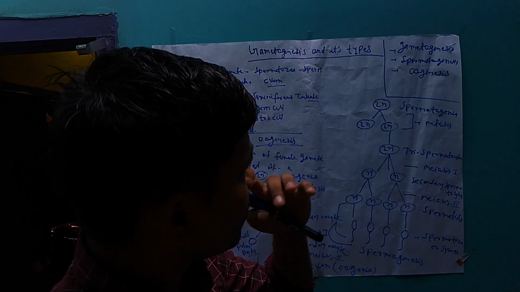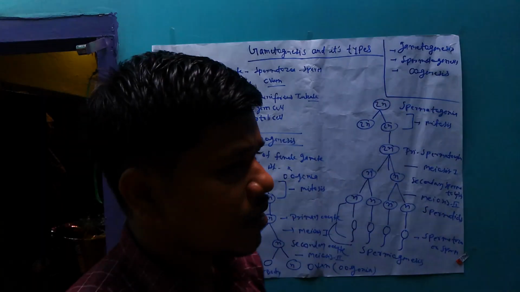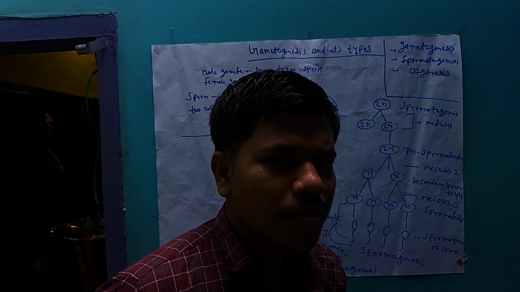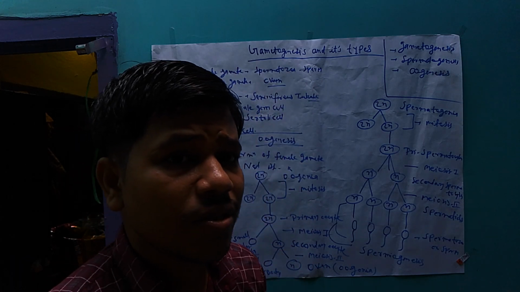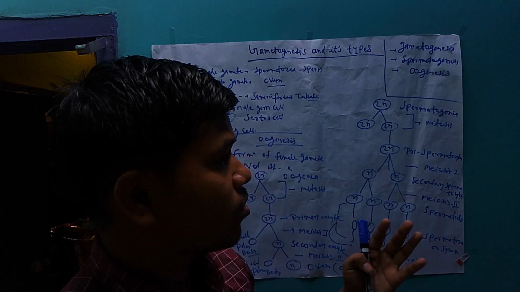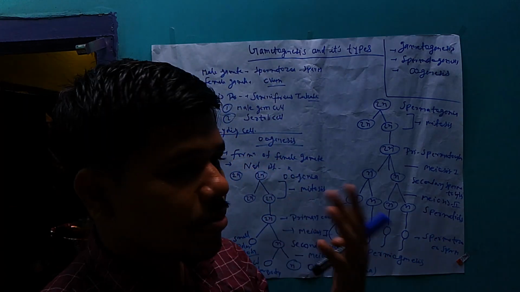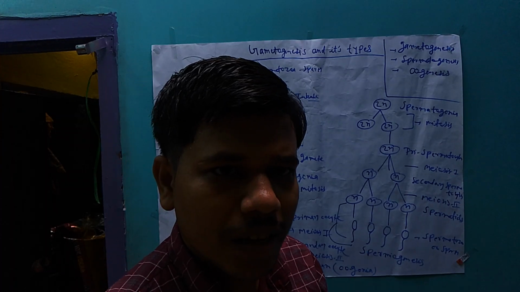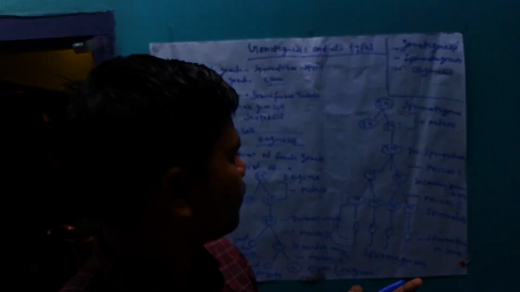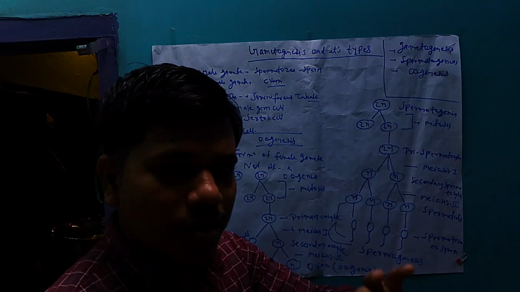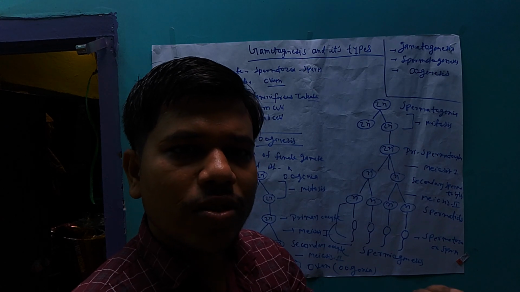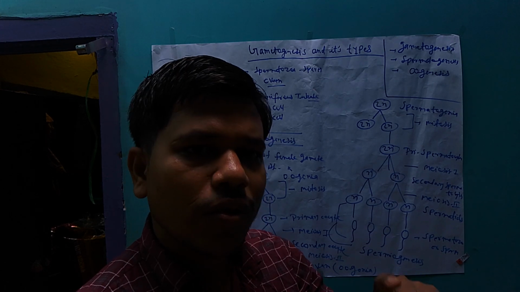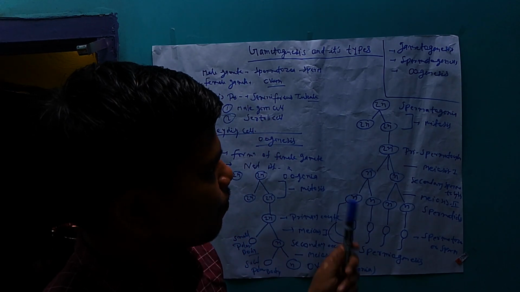In spermatogenesis, sperm is produced in the seminiferous tubule. The seminiferous tubule has two types of cell: the male germ cell and the Sertoli cell. Outside the seminiferous tubule is the Leydig cell, also known as the interstitial cell.